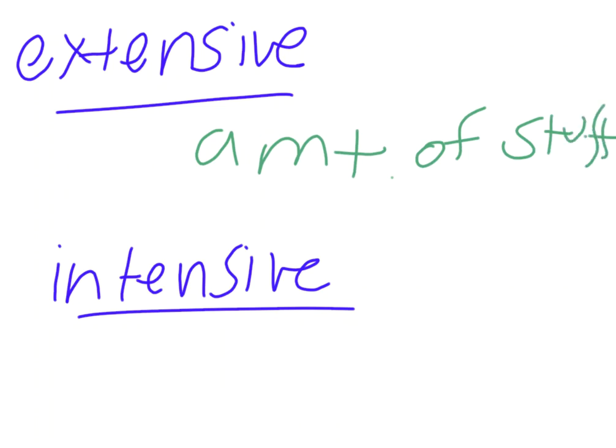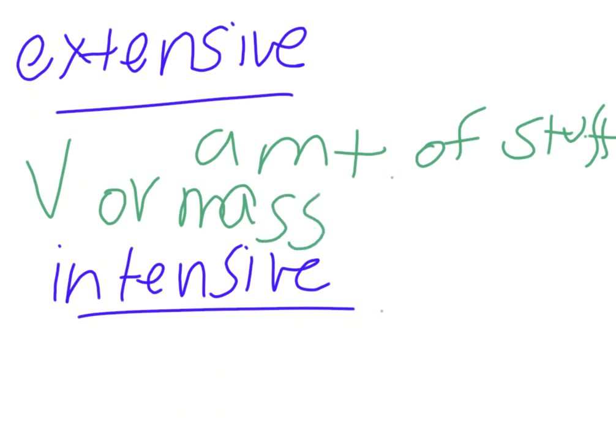Okay, extensive properties depend on the amount of stuff present. So extensive properties would be something like volume or mass. Intensive properties do not depend on the amount of stuff.